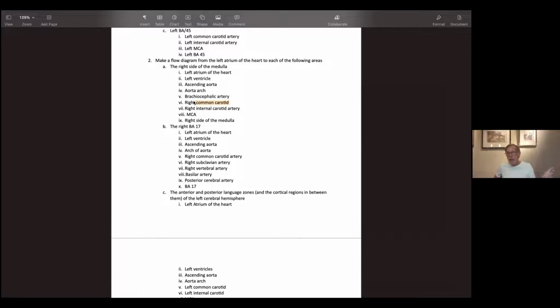Medulla, pons, midbrain. All of it. So it can't be the carotid. That's why I can just jump to it that fast. So it's the right subclavian, then the right vertebral. Yeah, that's it. Then take out the MCA after you get that done.